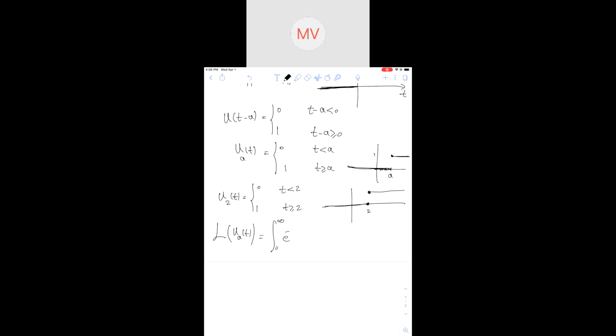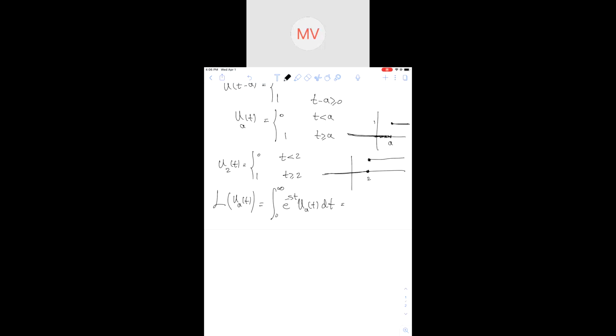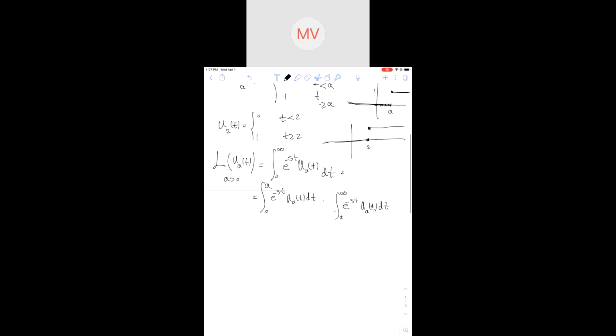The formula was the integral from 0 to infinity of e to the negative st, u sub a of t dt. But this function is 0 for some values, and then 1 for values bigger than or equal to a. If you split this up, assuming a is bigger than 0, it's the integral from 0 to a of e to the negative st, u sub a of t dt, plus the integral from a to infinity of e to the negative st, u sub a of t dt.